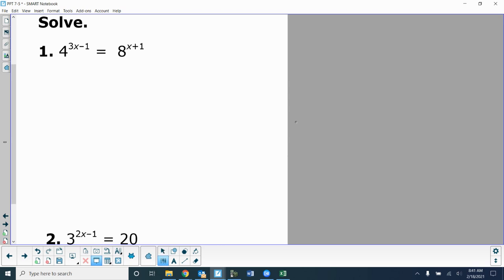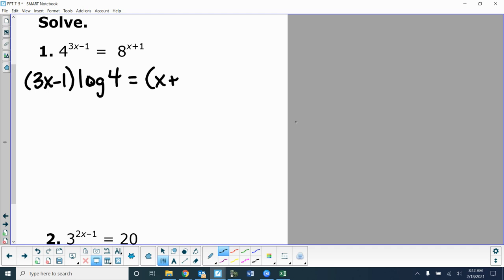All right, so you can put it out front, 3x minus 1, as long as you take the log of 4. And what you do to one side, you gotta do the other, right? Because I'm taking the log of both sides is the reason I can move those exponents in front of the logs.